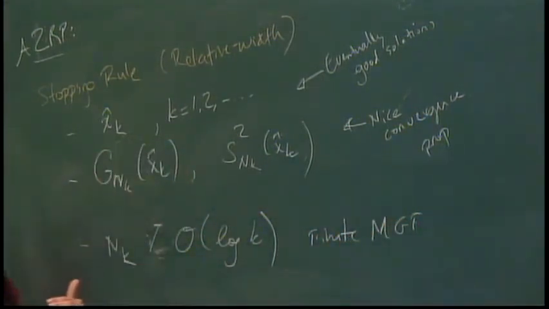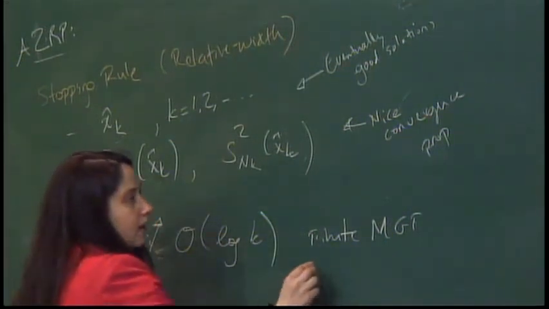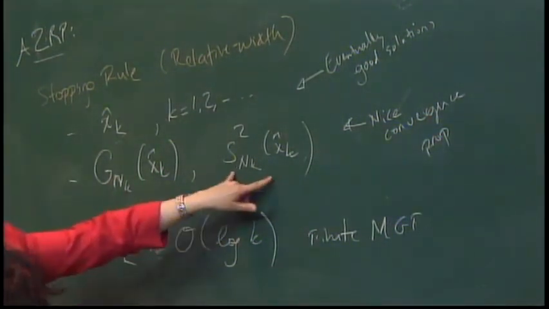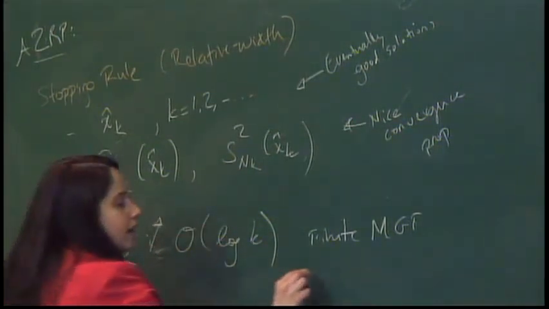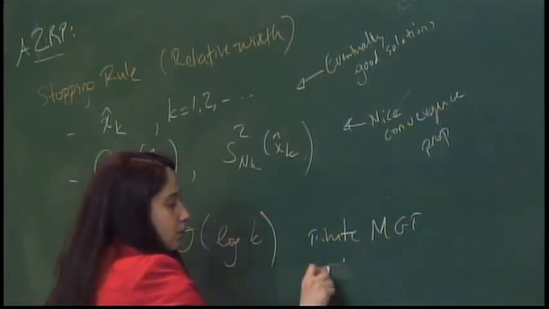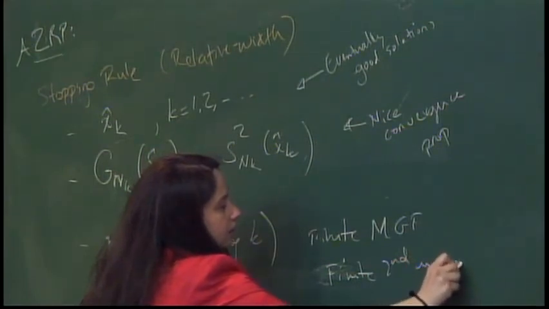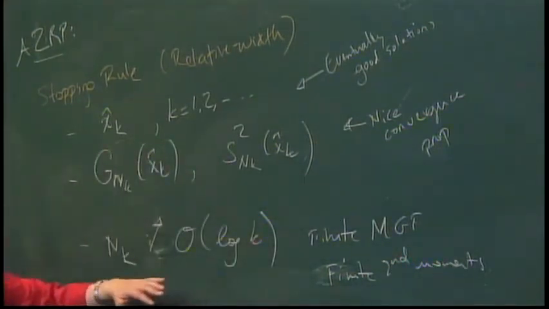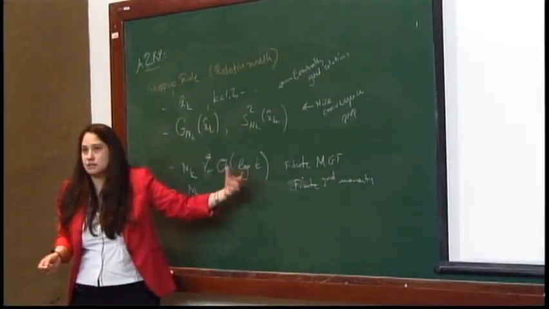If I have less restrictive conditions, so for example, I must have at least 2 moments, right? Because I'm estimating variances. I need finite variances. So this is the basic one you must have: finite second moments. Then in this case, the sample size has to increase at more than a sublinear rate, right? It's like log k.